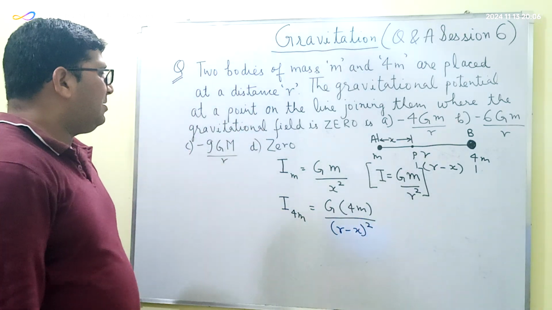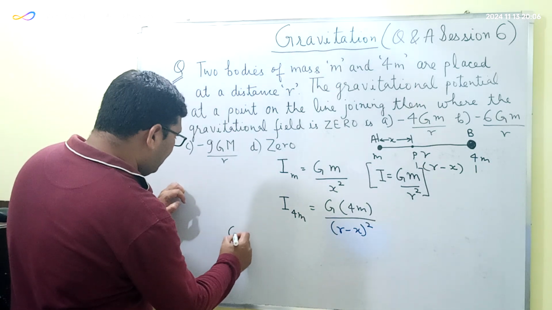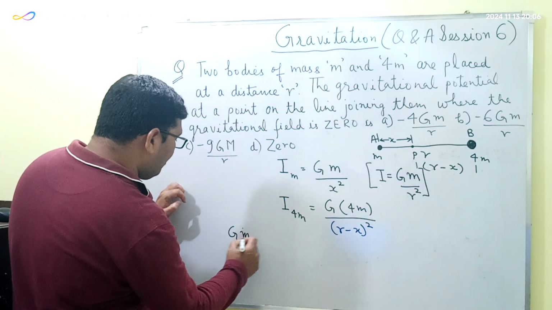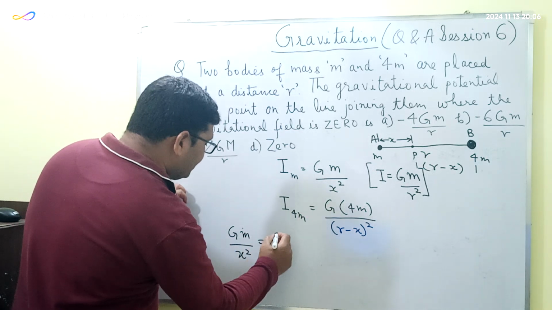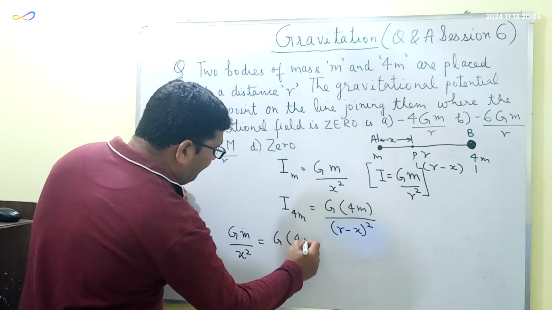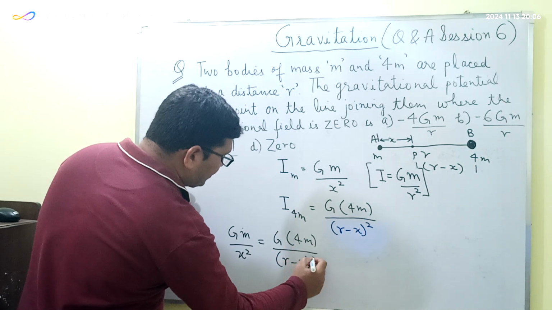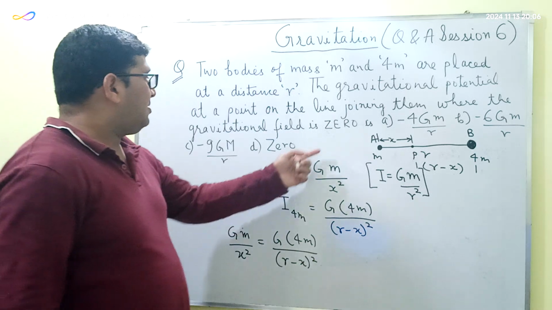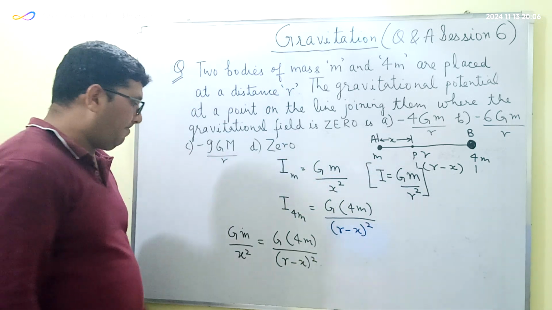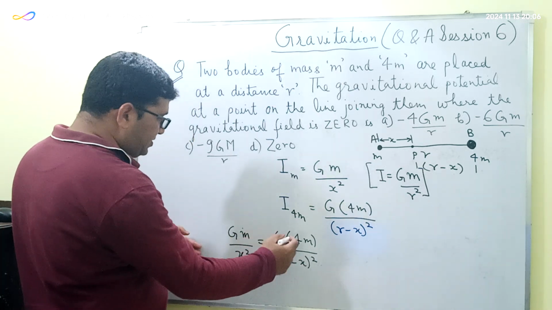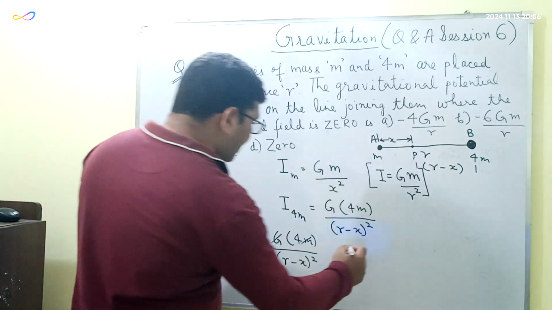The gravitational field will be zero at this point P when G m upon x squared equals G 4m divided by r minus x whole squared, that is, when I_m equals I_4m.